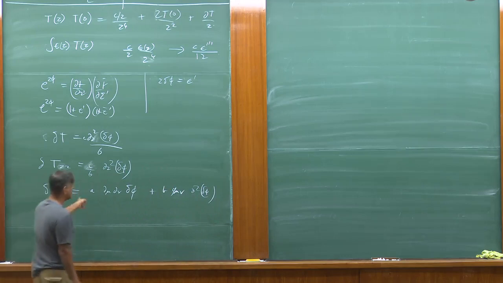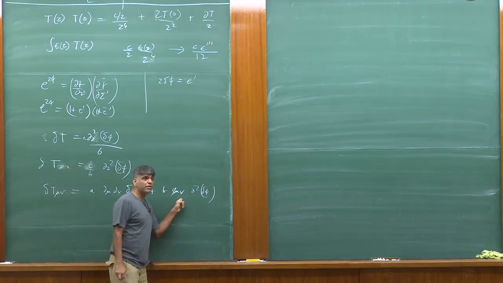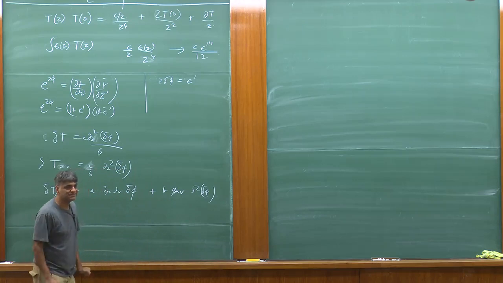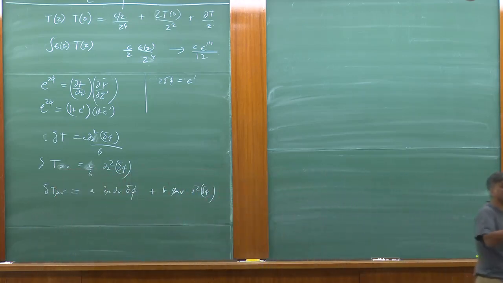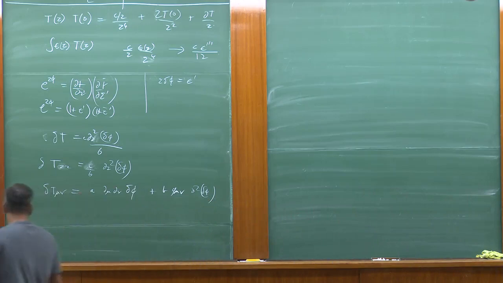Now, this term, if present, would be invisible to our calculation, because G mu nu, as we have seen, has only Z bar components. There's no non-zero component. GZZ is 0. So we would not see it because we've just computed delta TZZ. Analogous calculation would compute delta TZ bar Z bar. However, we may be forced to include it if we impose consistency conditions.